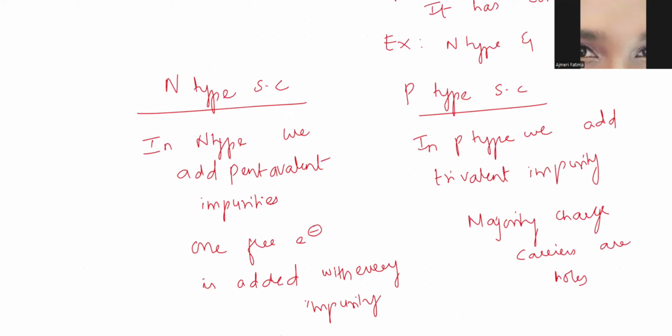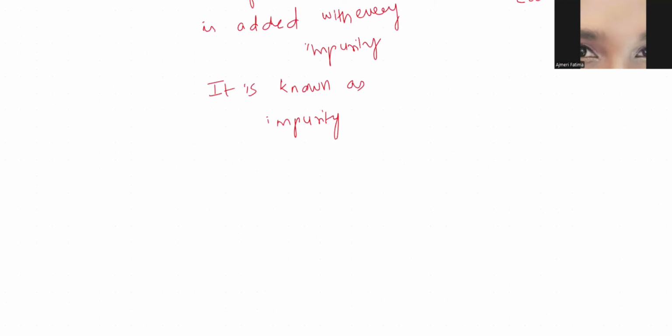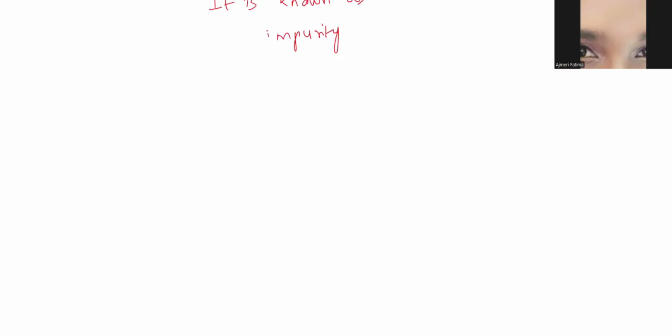How is PN junction formed? This may be asked in the exam, so if it is asked, you have to write it like this. This is the main answer. How is this junction, the diode, formed?